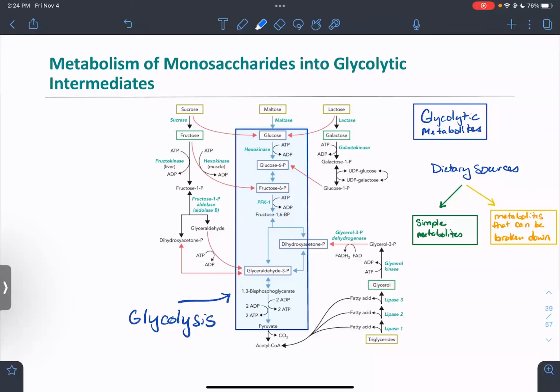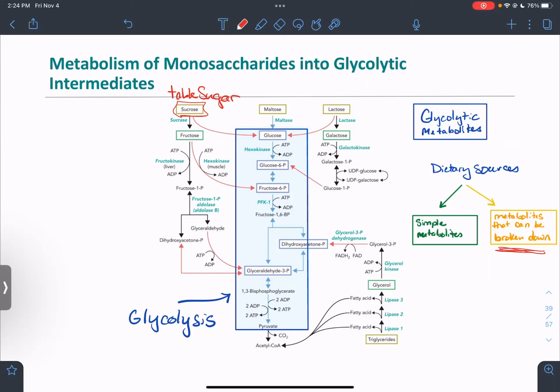We like to think about glycolysis as a linear pathway, but we don't always enter as glucose. We can. If we eat things like sucrose, table sugar, it's actually a disaccharide, and that's why it's boxed in yellowish, because it's a metabolite that can be broken down.